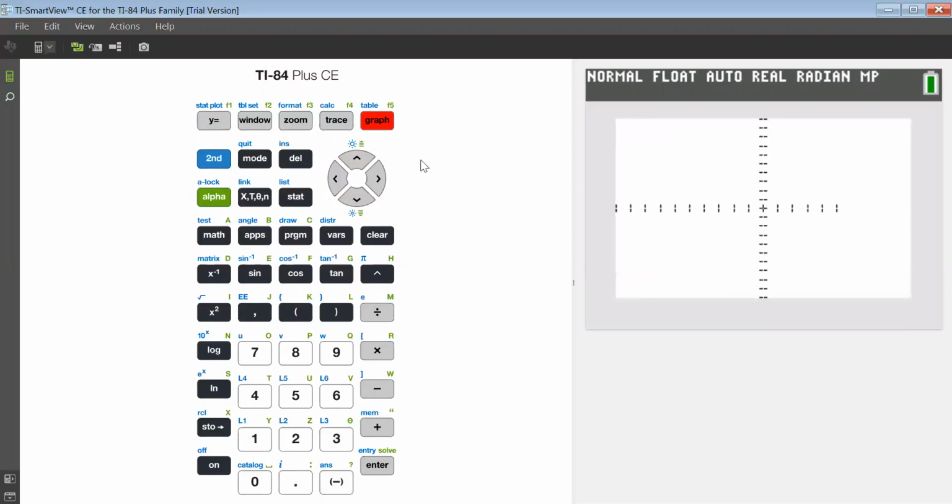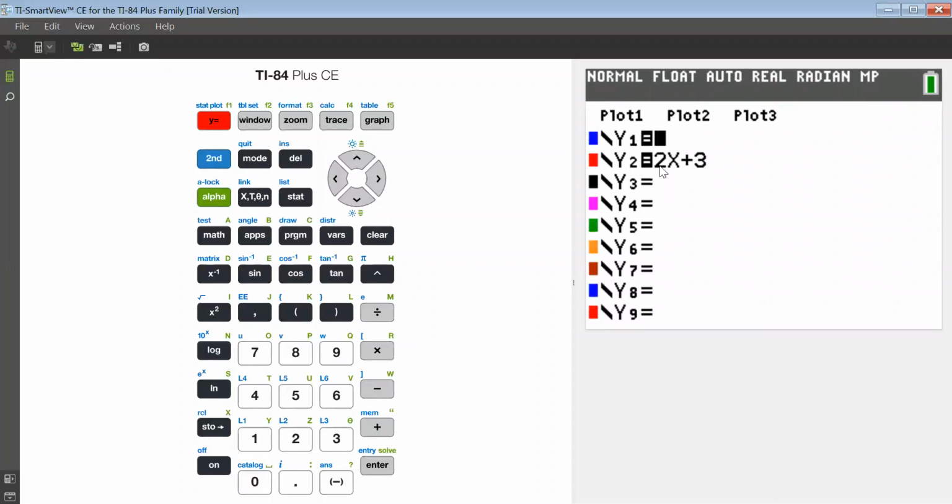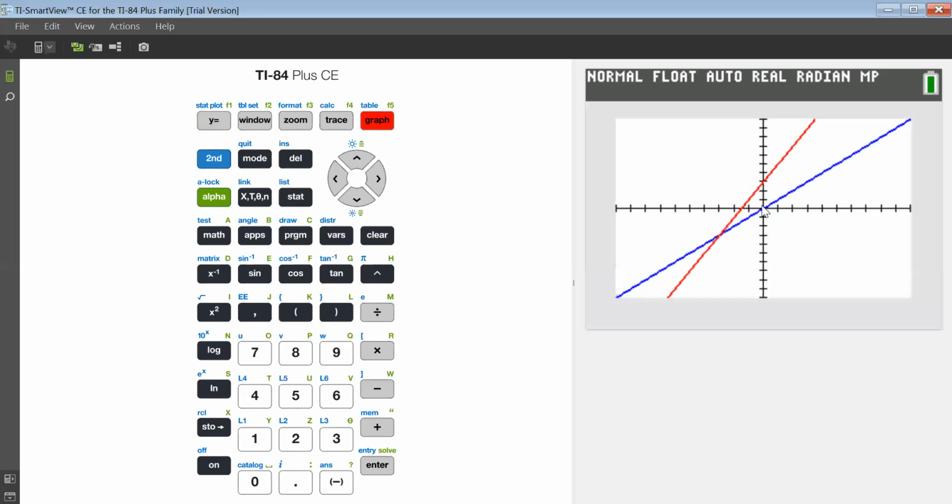We should see the parent function and then a shift up. So the slope of 2 just means it's going to be steeper than the parent function. This is a slope of 2 to 1, but notice that the y-intercept has shifted up 3 units from 0.